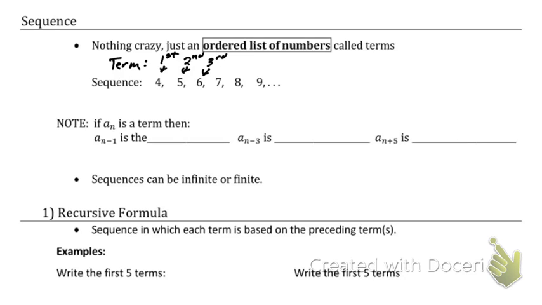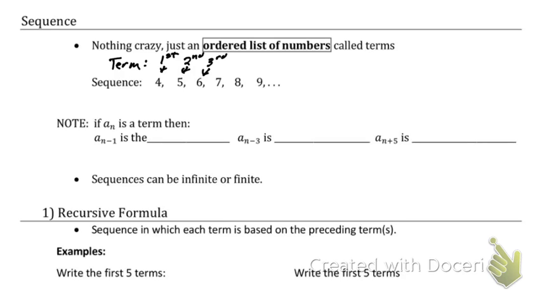But terms kind of break down when we start going in the opposite direction, because there could be a number here. And in fact, we know what that number would be. It'd be 3. But saying something like the 0th term and the negative first term kind of breaks down our notion of first, second, third, because first is first. There's nothing before it.